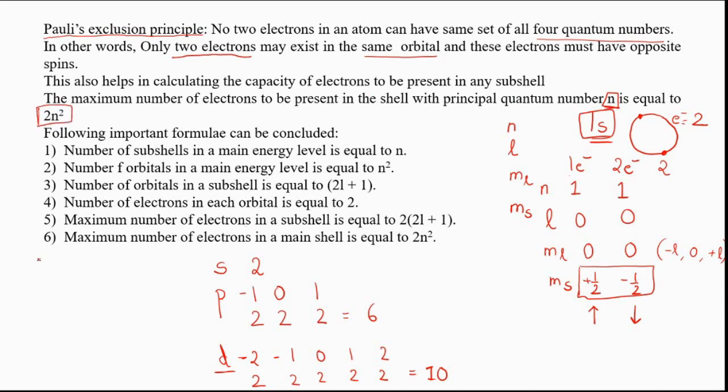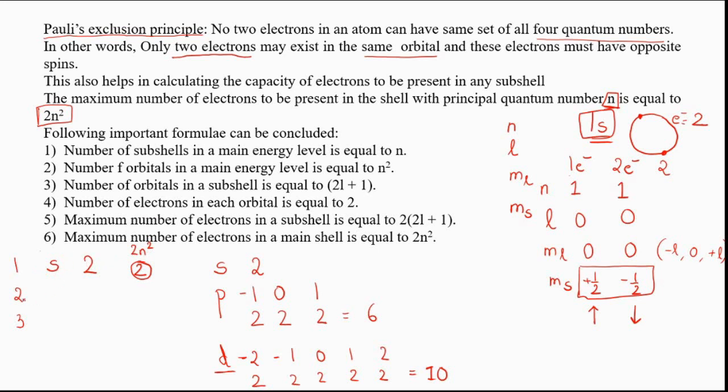Let's check for n equal to 1, then 2, then 3. For n equal to 1, it only has an s shell. The s shell has a maximum occupancy of 2. If I substitute this in 2n squared, I get 2 into 1 squared, which gives us 2. So the maximum occupancy of electrons in the first shell is equal to 2.